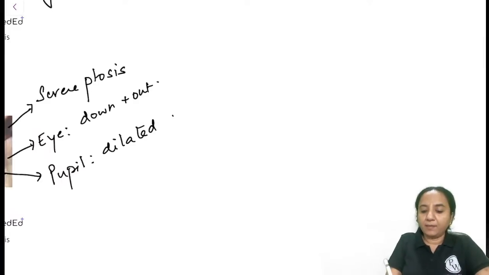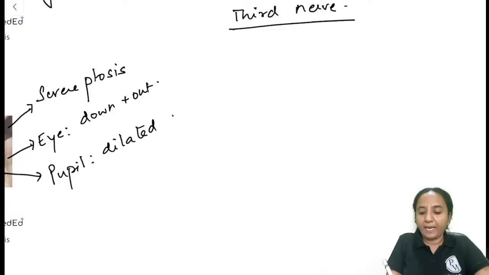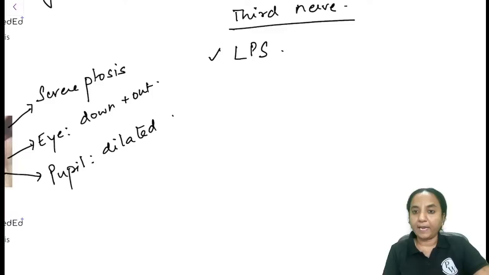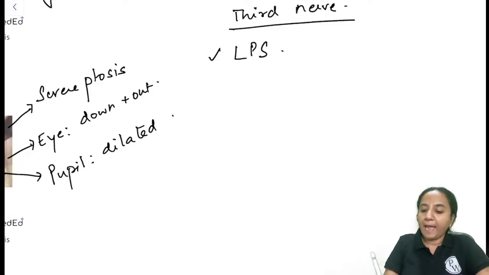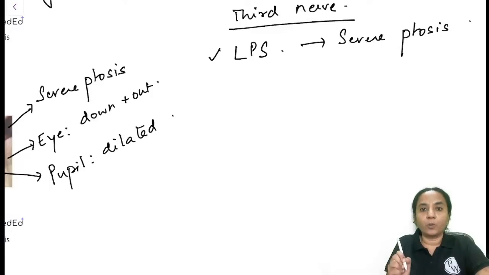Which are the muscles which are supplied by the third nerve? In the lid, it supplies the LPS, which is the main elevator of the lid, है ना? So it supplies the levator palpebrae superioris, and therefore, in case of third nerve palsy, we end up with a severe ptosis.